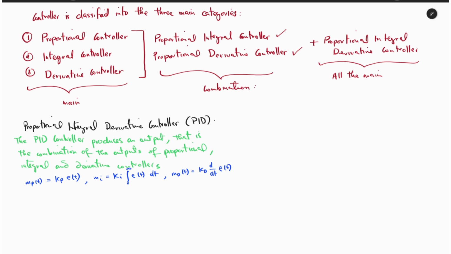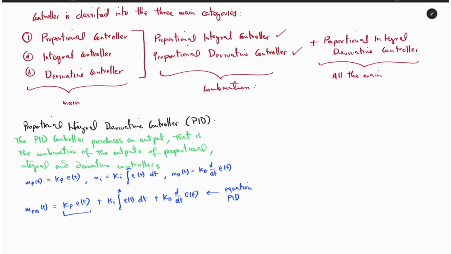So the final response or the output of the PID controller, we can say M_PID(t), which represents the final output signal of this controller, is equal to KP e(t) plus KI integral of e(t) dt, and we have the KD d/dt e(t). So this is now our equation for the PID controller, and it is in the time domain.